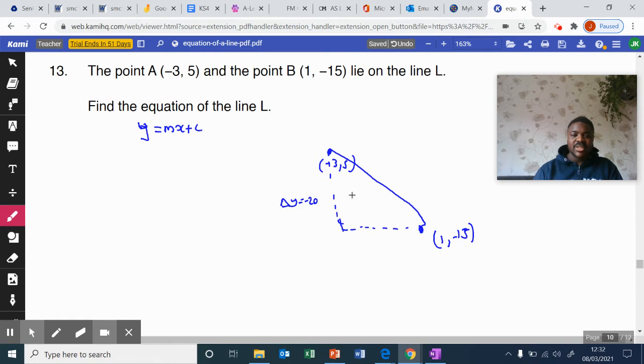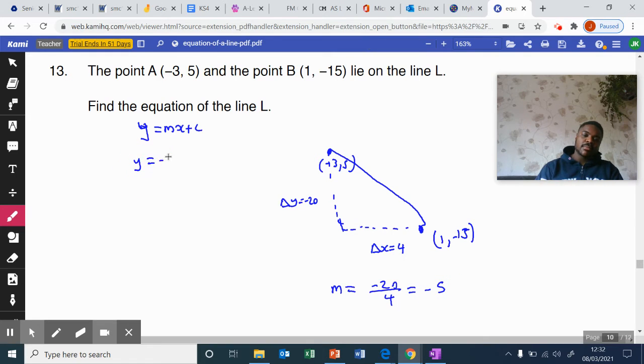And the change in x goes from -3 to 1, so that's going to be 4. So the gradient, the m, is change in y over change in x, so -20 divided by 4 is -5.